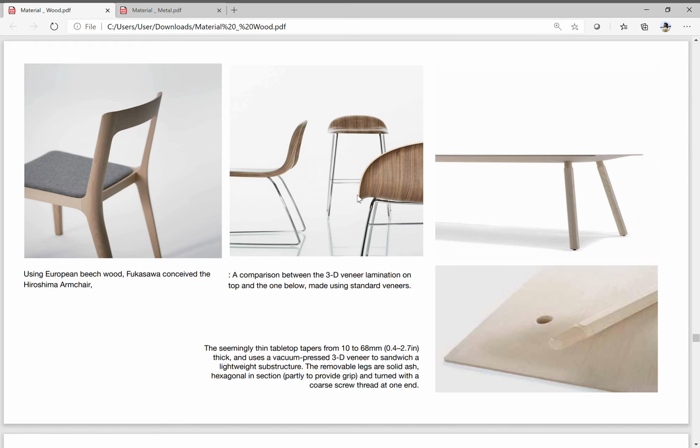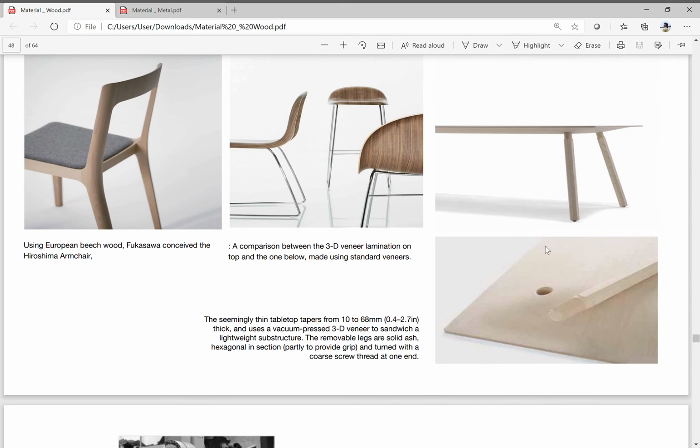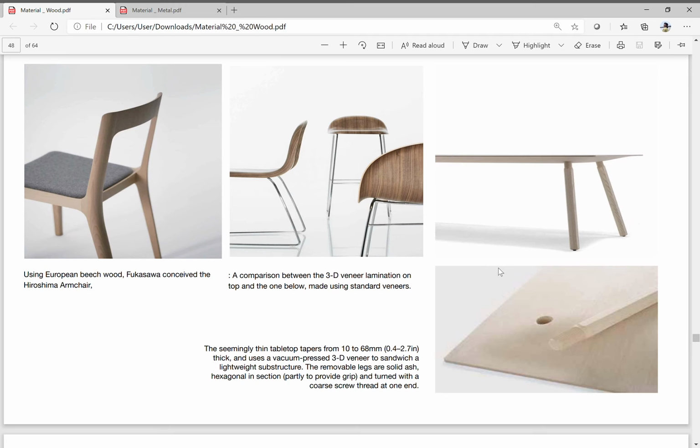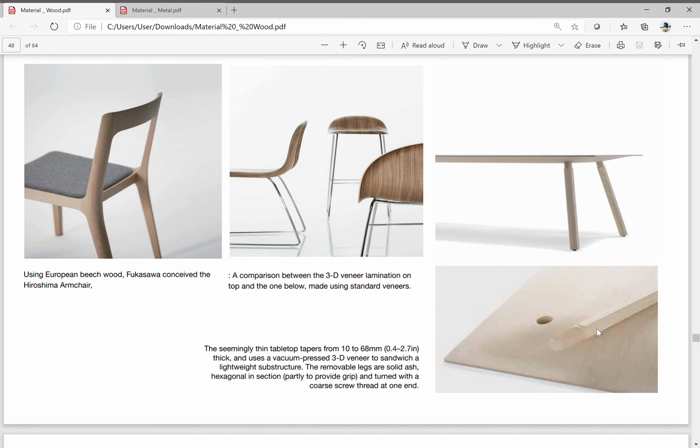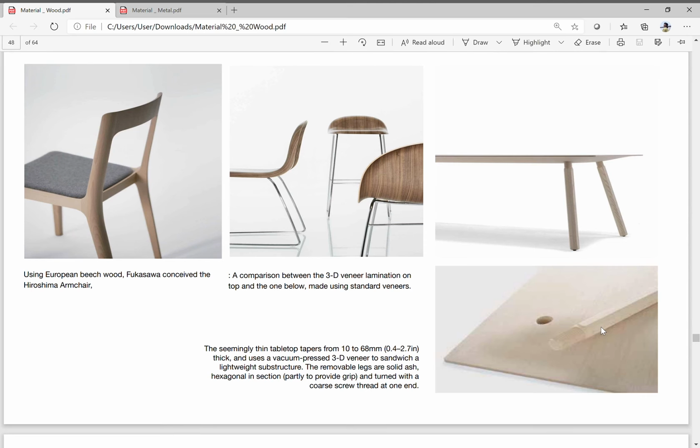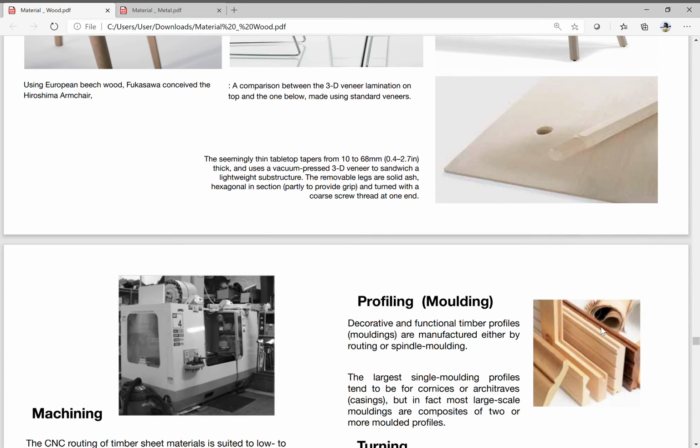It has varying plies, depending on how many plies it needs to create this form. And then you have this tabletop. It has this 3D veneer sandwich, so it would seem lightweight and structurally sound.